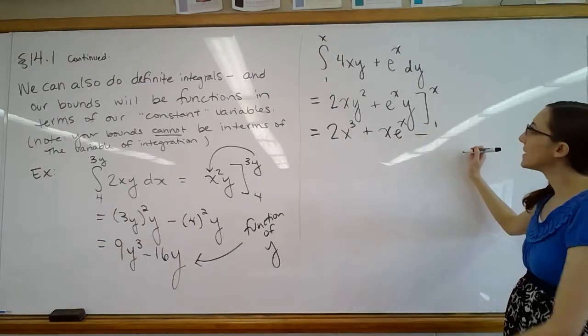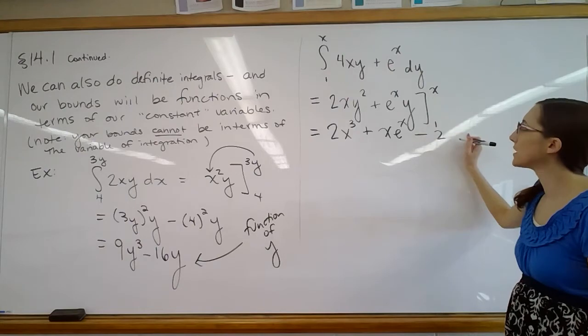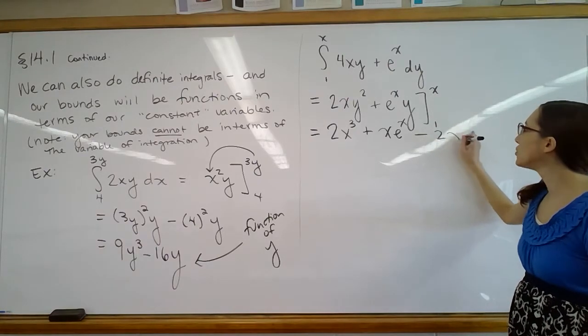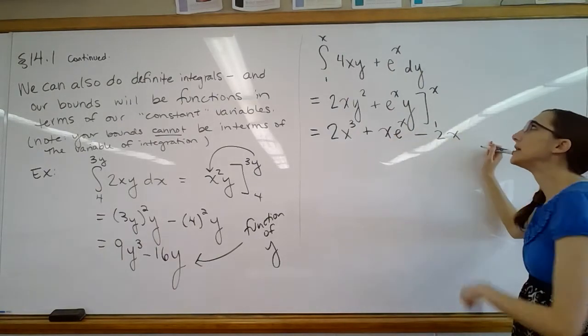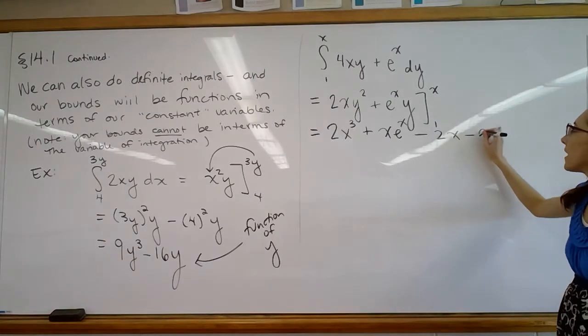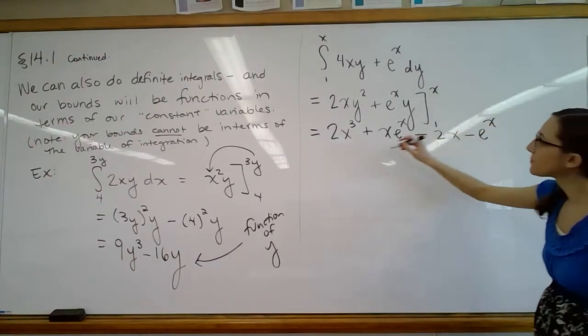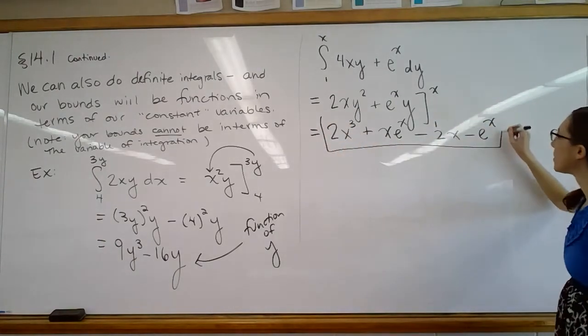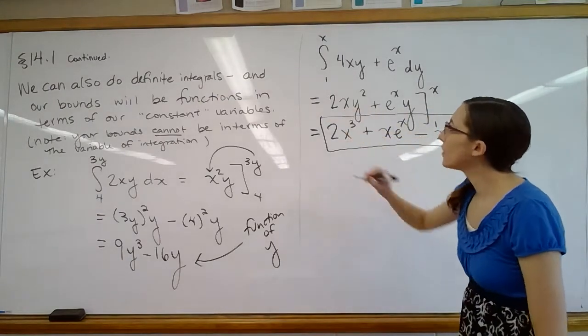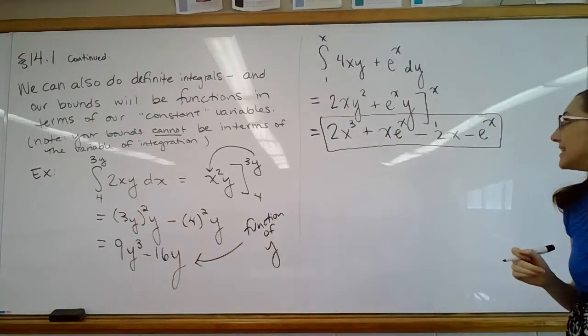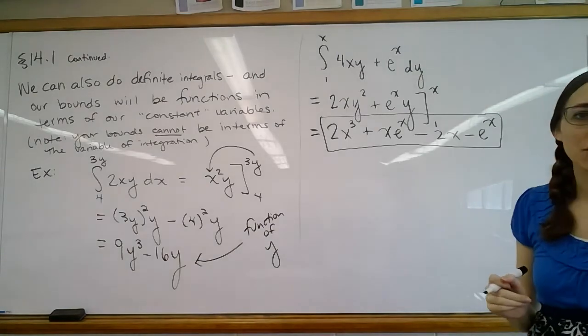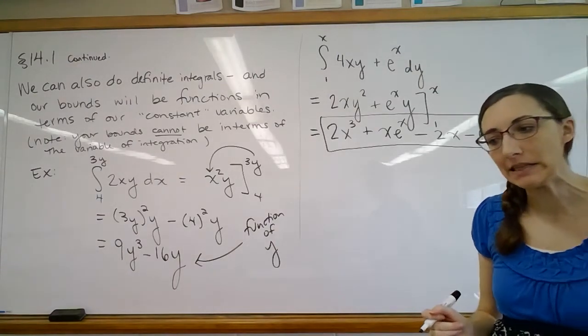So we're going to have minus, when you plug into the first piece, we just get 2x, and then minus, plugging in 1 to the second half just gives me e to the x. So all in all, we end up with 2x cubed plus x e to the x minus 2x minus e to the x.